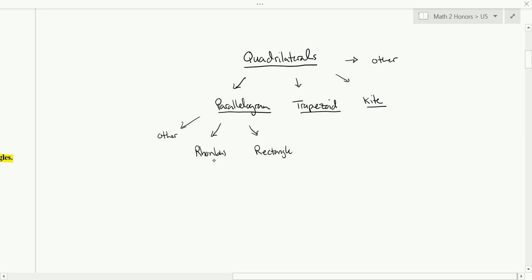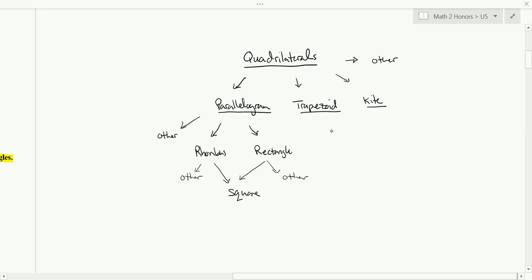And if it's a rhombus, there is a potential that it could be a square. Same as a rectangle. If it's a rectangle, there's a potential it could be a square, because a square is defined as both a rhombus and a rectangle. But not all rhombuses are squares. You could have something else. Not all rectangles are squares. You could be looking at just a rectangle.